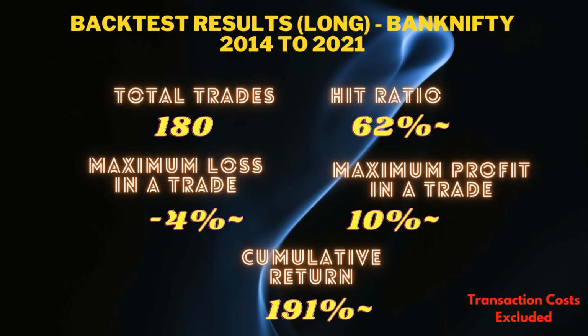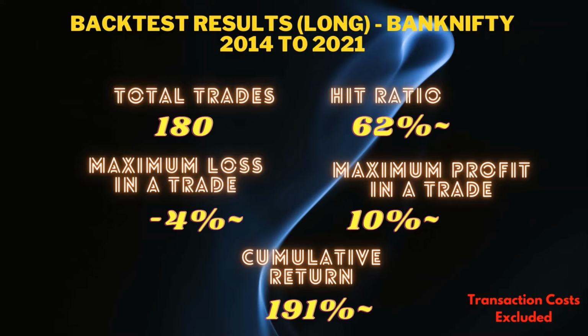Now let's take a look at the backtest results of this strategy. I performed backtesting on Bank Nifty futures data for the last 8 years, for the period 2014 to 2021. The total number of trades or buy signals was 180. The hit ratio or win rate of the strategy was slightly over 62%. The maximum loss we incurred in a trade was about 4%, while the maximum profit in a trade was precisely 10.45%.